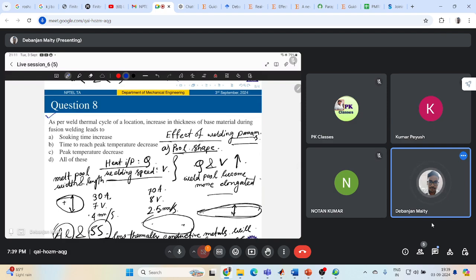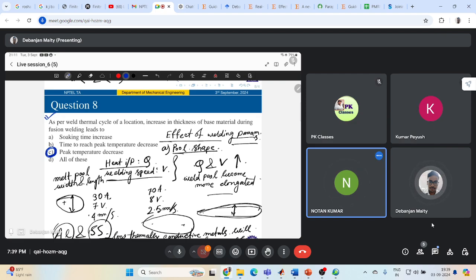This question we skipped. As per the weld thermal cycle of a location, what will happen if you increase the thickness of the base metal during fusion welding? With an increase in thickness, peak temperature reduces, and soaking time also reduces, but the time to reach peak temperature increases.